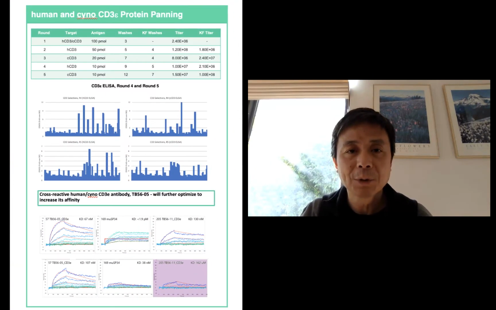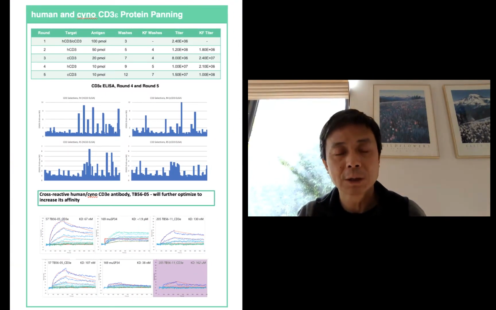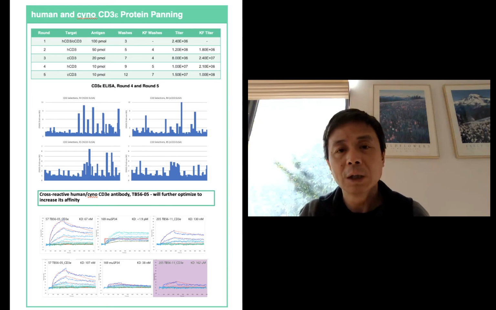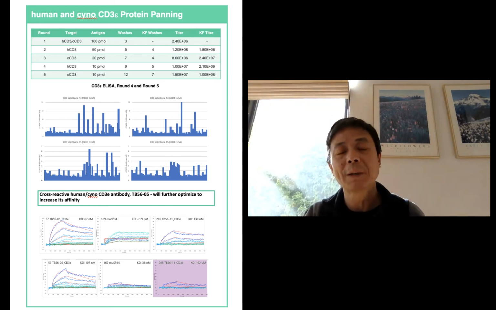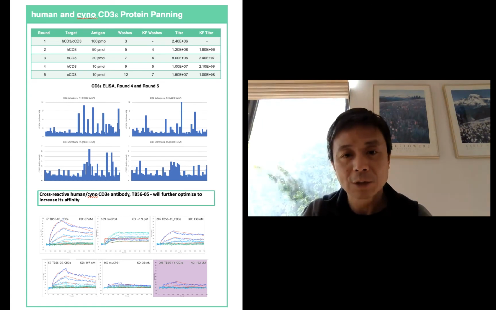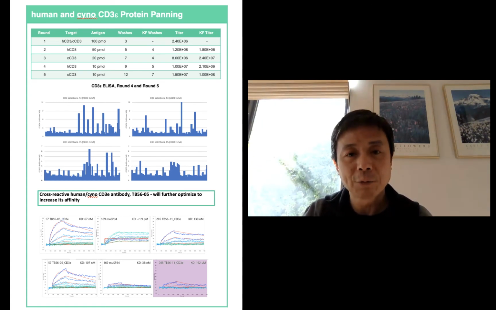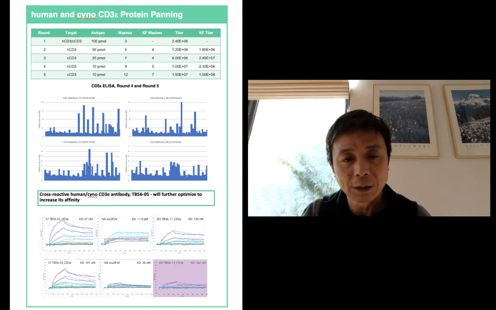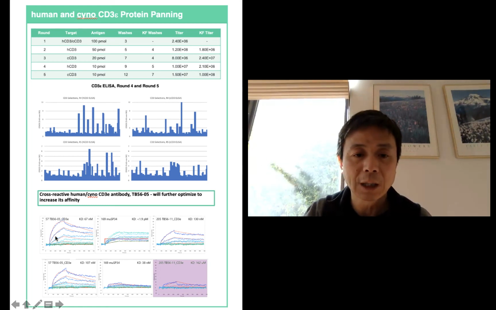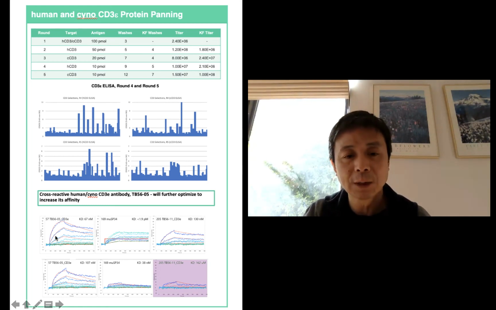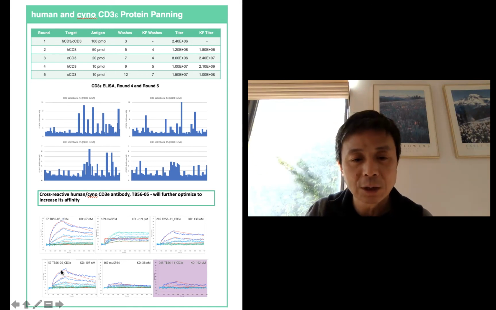For the next example of soluble selection, we used CD3. As you know, it is very difficult to generate human and cyno CD3 cross binders. From this 5 rounds of panning, we identified a huge number of binders. From further analysis, we identified one clone that binds both human CD3 epsilon and cyno CD3 epsilon.